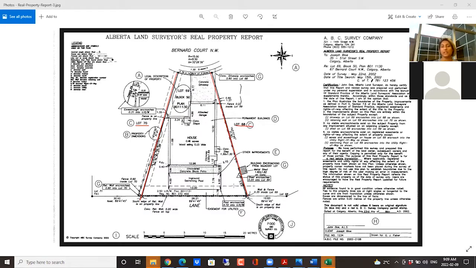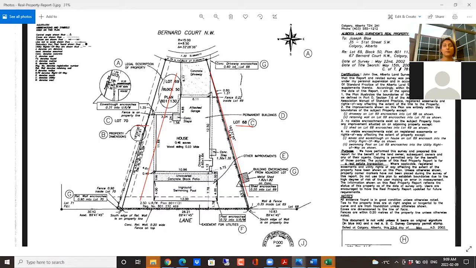Now, what can we tell from this real property report? Let me zoom in so we can see this a little more clearly. In this case, we can see the street that the property is on, and there is the sidewalk right here.